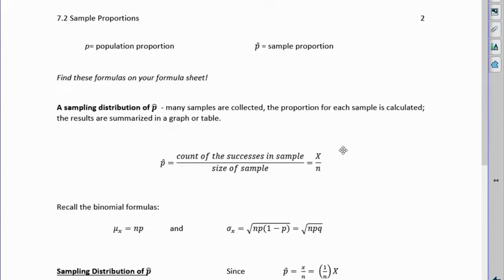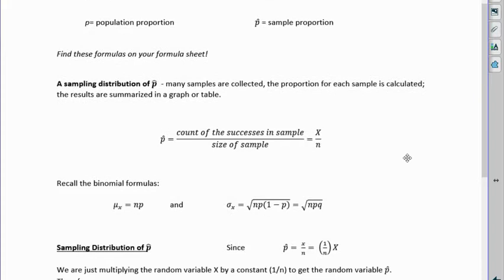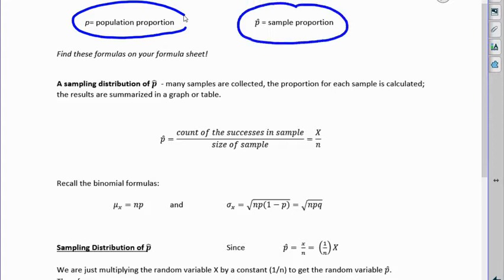The second page talks about the formulas that can be found on your formula sheet for sample proportions. P is the symbol we're going to use to represent a population proportion, and P hat will represent a sample proportion.